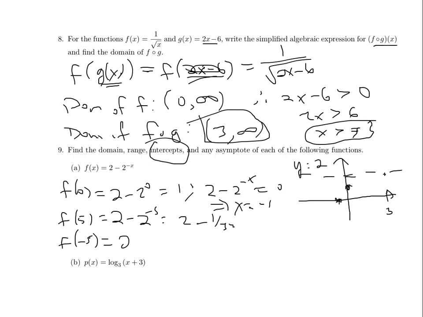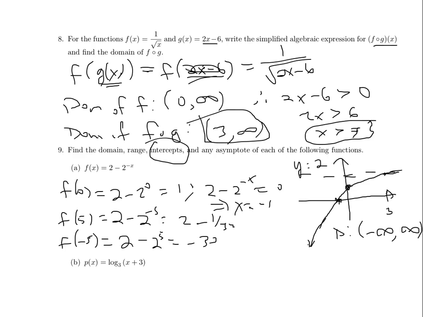On the other hand, if I put in minus 5, I'll have 2 minus 2 to the 5, which is negative 30. And so that is way down here. So we have this sense that the graph is plummeting to the left and approaching the asymptote y equals 2 to the right. And so the domain of this then is minus infinity to infinity.